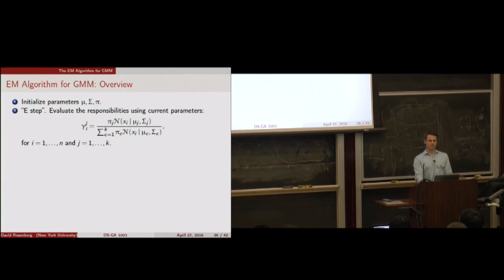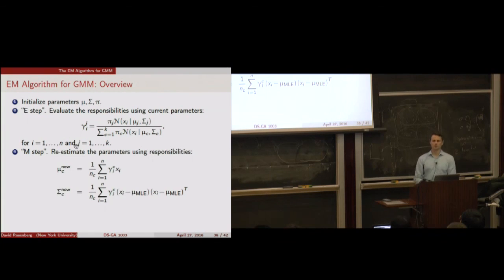But we have the soft assignment, so we get something that's a little bit different. This should look very familiar. It's very similar to the MLE for a Gaussian distribution, but now we have this weighting. So what's happening here? We're summing over i from 1 to n, so we're summing over all the data points, and we're computing the mean of those data points, but it's a weighted mean.